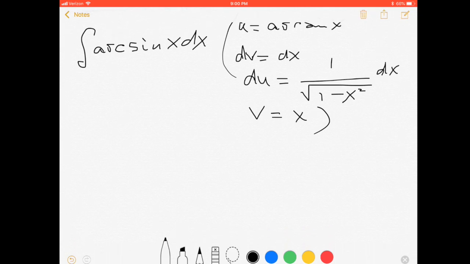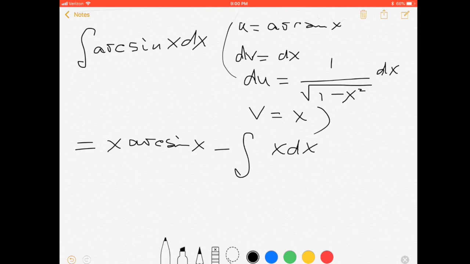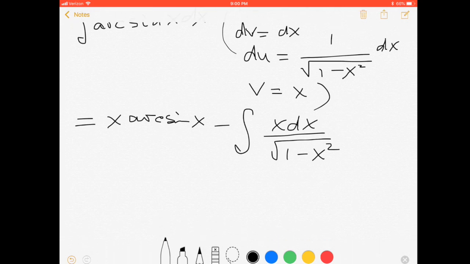This means now we're ready to solve this example. uv gives me x arc sine x minus v du, which gives me x dx over square root of 1 minus x squared. Okay, great. I think the second integral we can solve using substitution.